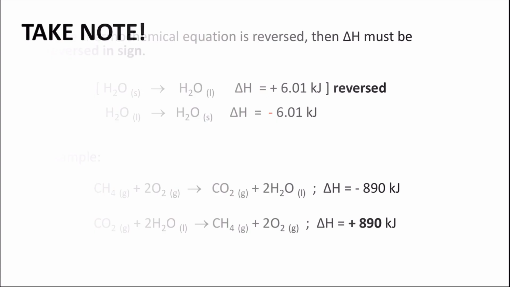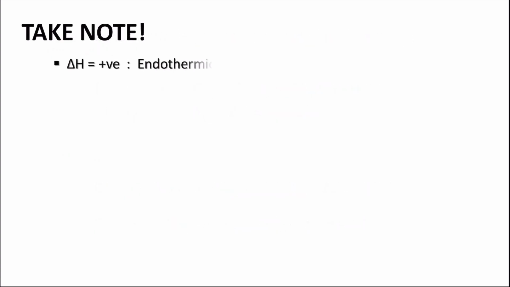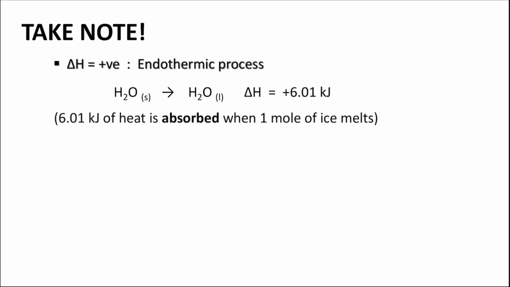So take note that untuk delta H yang mempunyai positive value, that reaction undergoes endothermic process. Contoh macam this one. So apa yang kita boleh faham daripada sini? 6.01 kJ of heat is absorbed when 1 mole of ice melts. Apa maksud ice ni? Dia bermaksud H2O dalam solid phase.